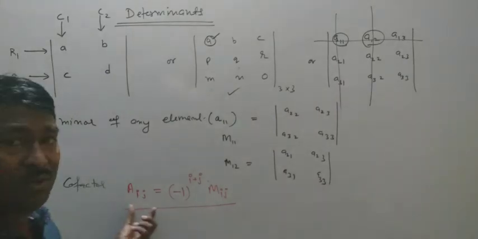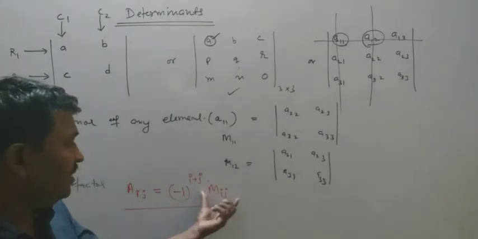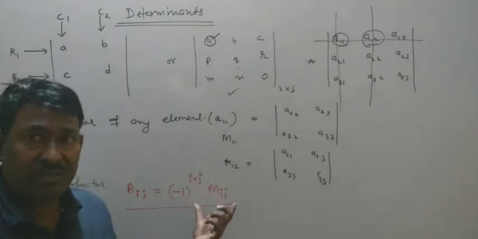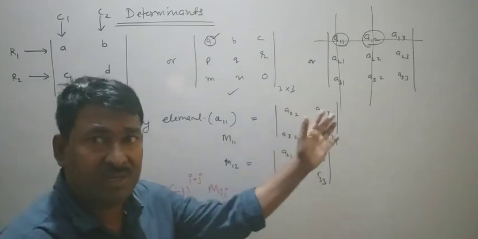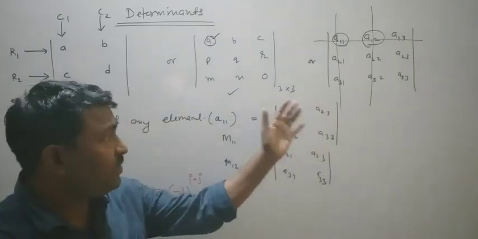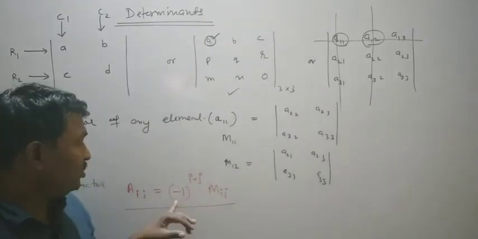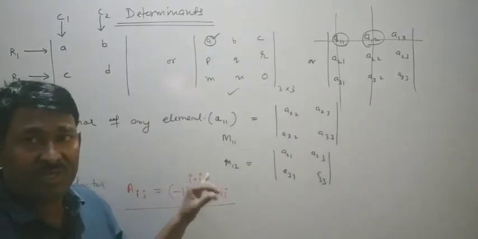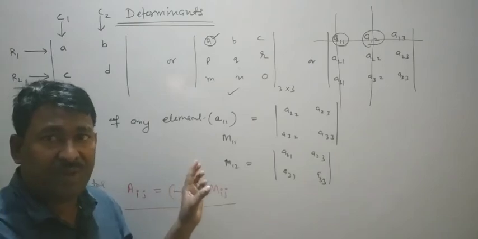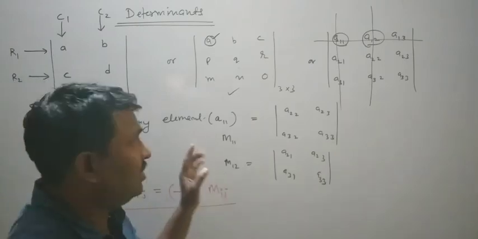Means what is cofactor? Cofactor is basically the minor with sign. So cofactor of any element is the minor with proper sign, and how will you come to know what sign should be here? So (-1) power i plus j, i and j are the position of that particular element.